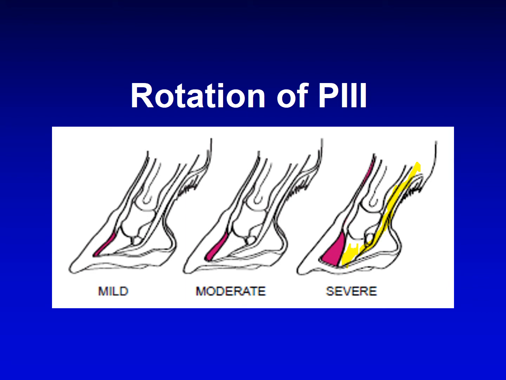So this is an important concept here, and that's what we call rotation of P3. And now, with this, we conclude our discussion on laminitis.